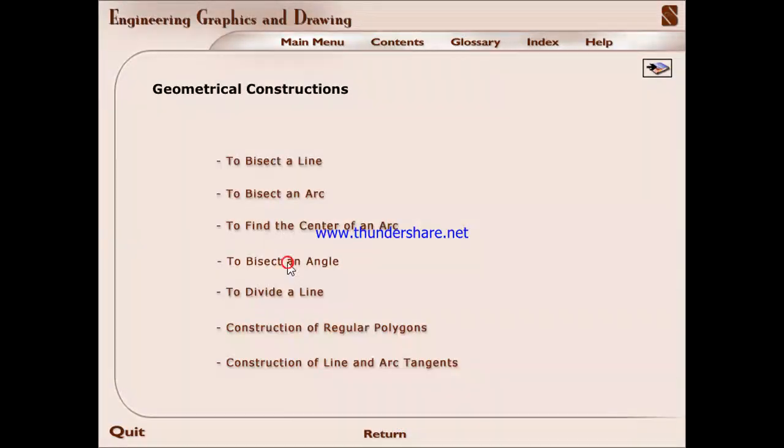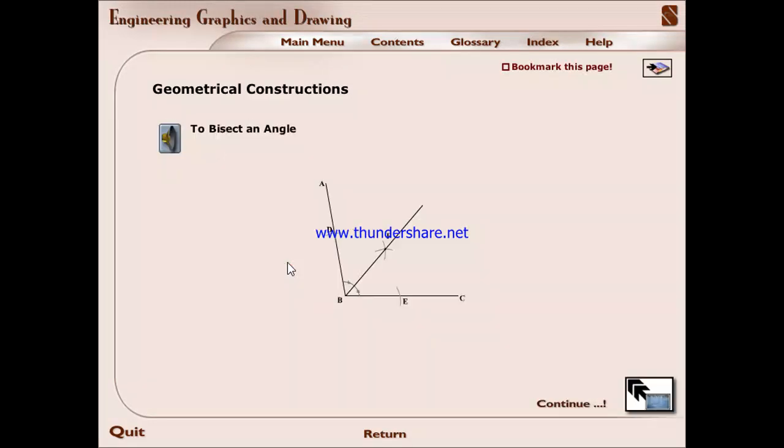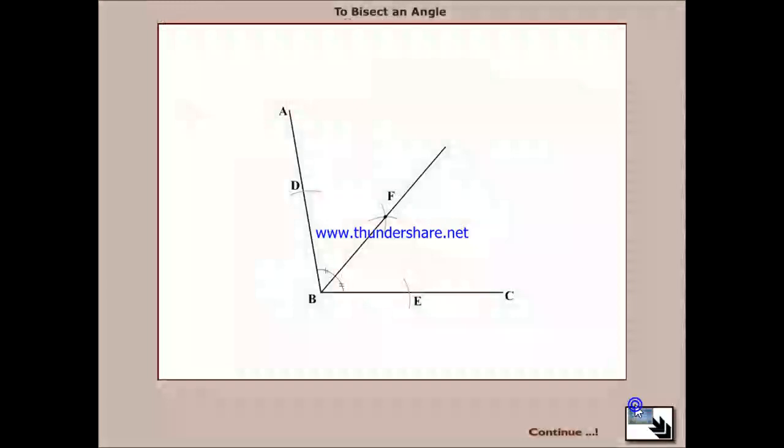Now bisect an angle. To bisect an angle, draw the given angle ABC.